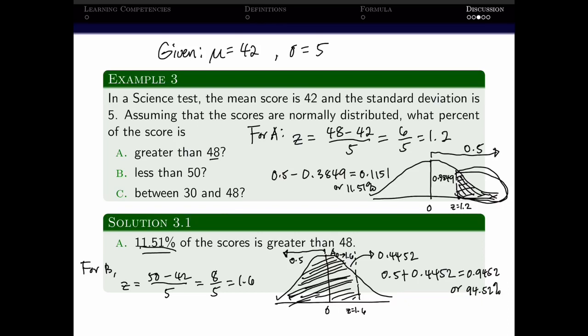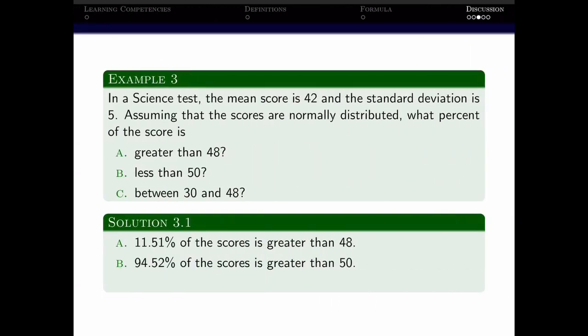So approximately 94.52% of the scores are less than 50. Let's look at the answer for letter B. Alright, so we got it right. 94.52% of the scores are less than 50.